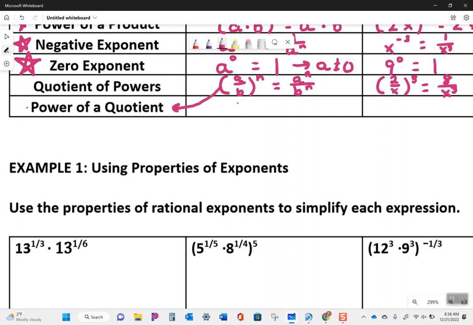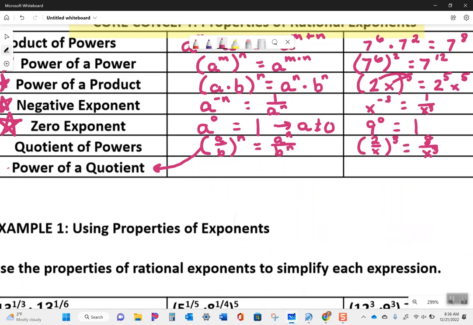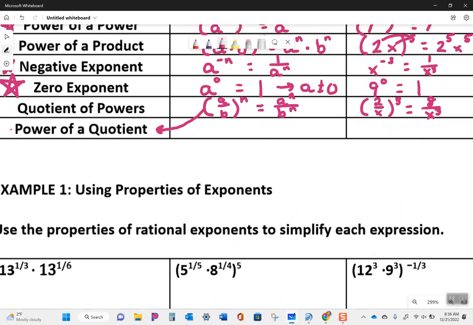Quotient of powers should be something like this. If you have a to the m up top over a to the n, this would equal a to the m minus n. My mistake. So if I had something like 7 to the 5th over 7 squared, what would that equal, kids? 7 to the 3rd.